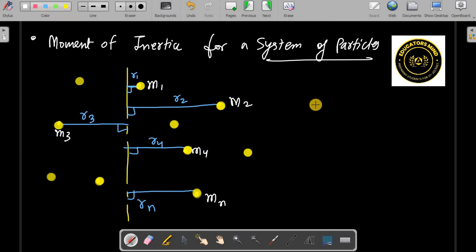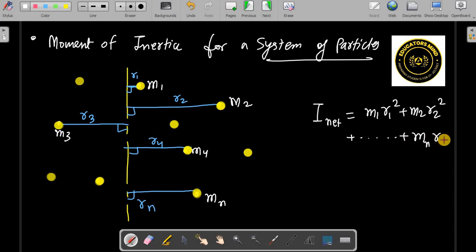So the moment of inertia for the entire system, I net, is m1 r1 square plus m2 r2 square plus and so on, up to mn rn square.